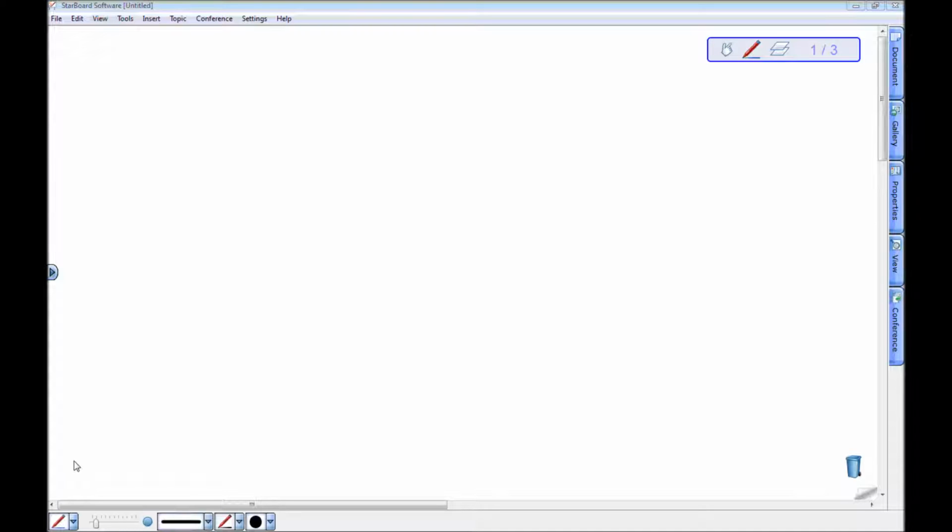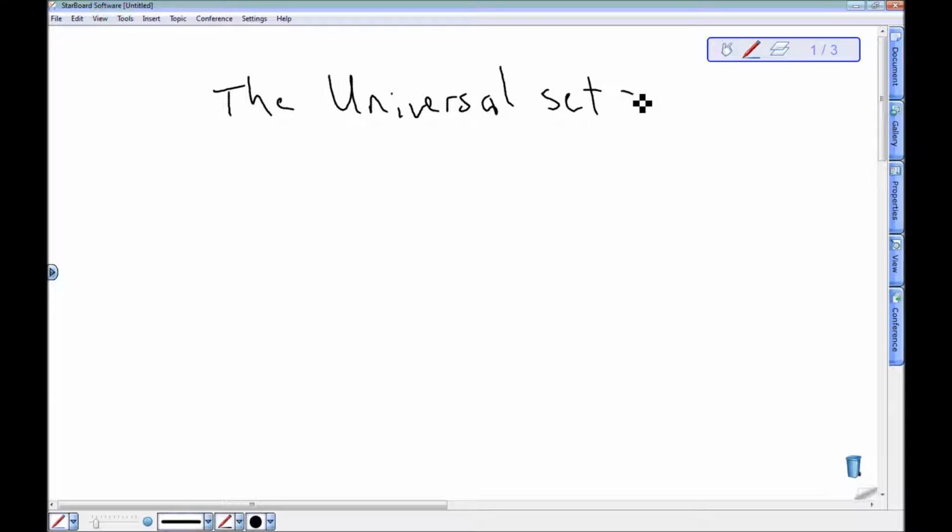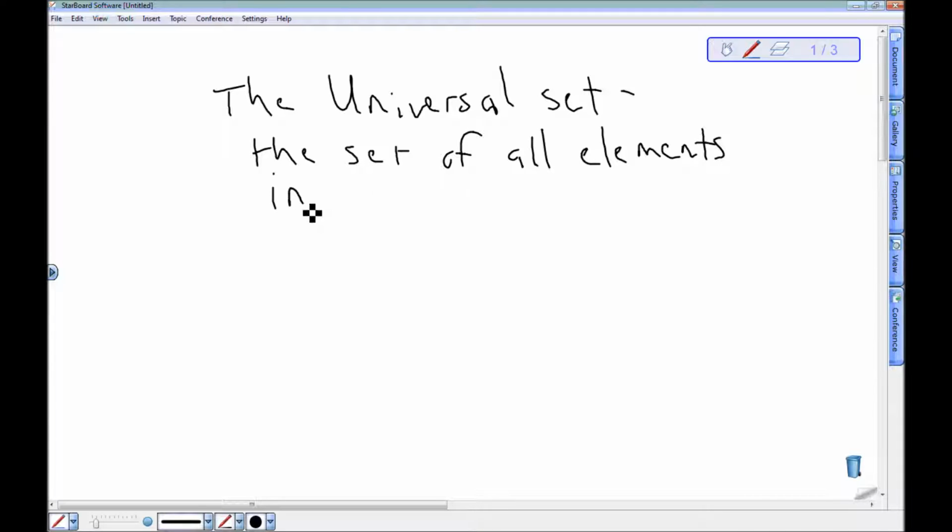Often when we're talking about sets, it's helpful to define something called the universal set. And for us, this is going to be the set of all elements involved in a specific discussion.